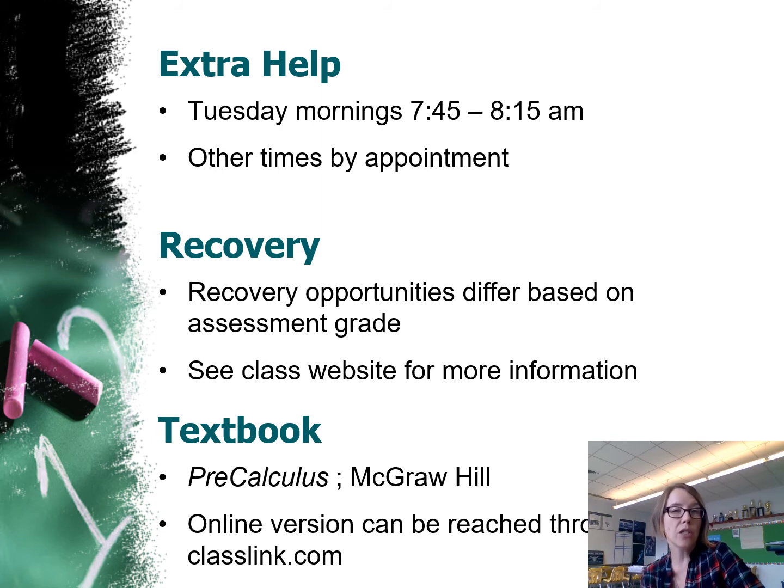We have not really used the textbook yet, and to be honest, we probably won't use it much for this first semester. So we may for other topics, but the bulk of this first semester is a lot of trigonometry topics, and I just happen to use other resources for that. So they may not need to access the textbook right now.